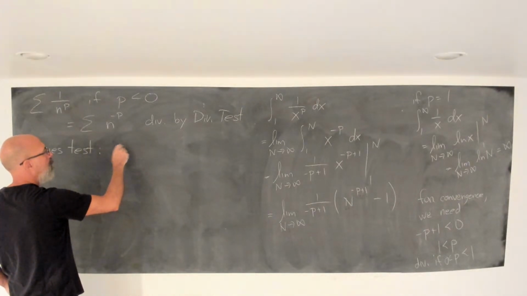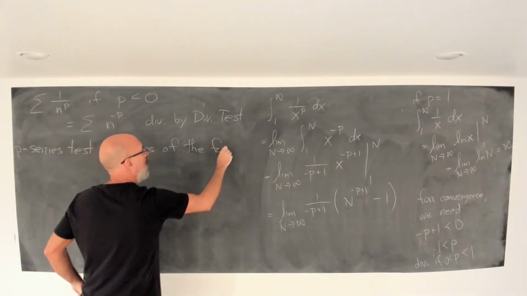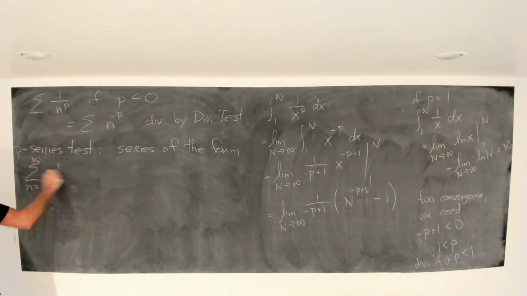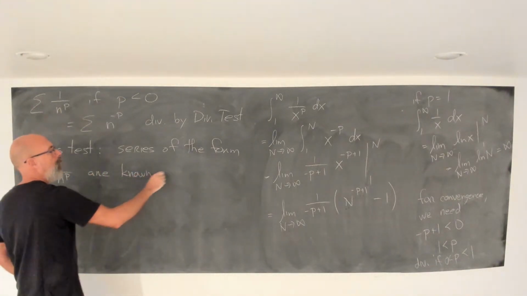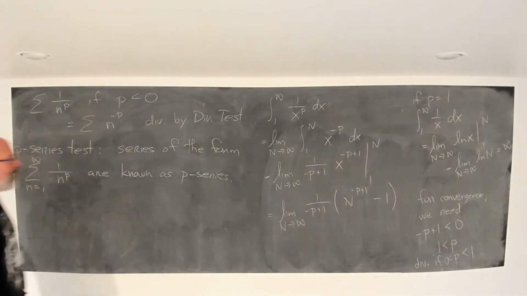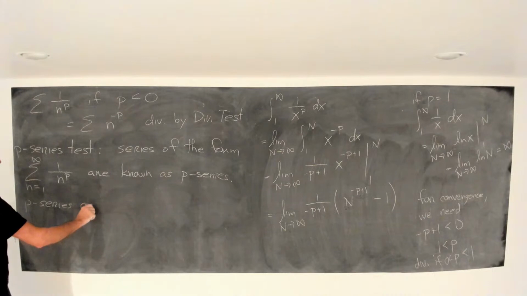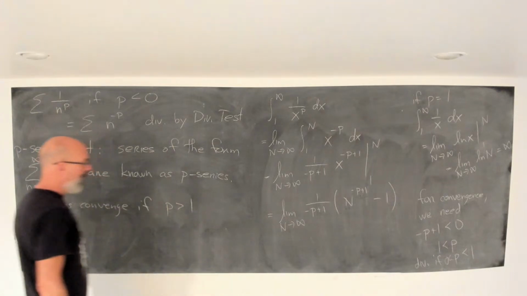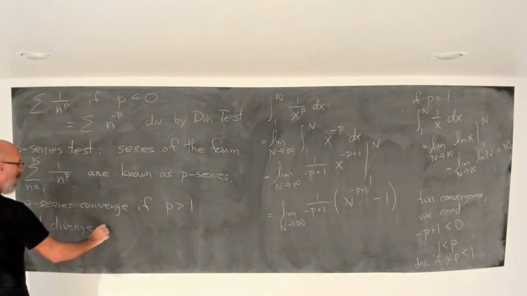Series of the form 1 over n to the p are known as p-series. P-series converge if p is bigger than 1 and diverge otherwise.